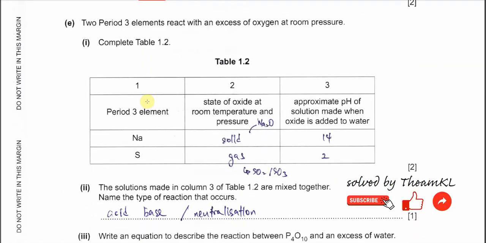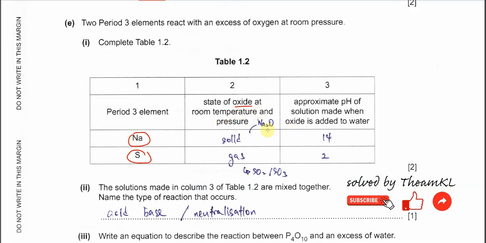Okay, part E1. Complete table 1.2. For this table 1.2, there are 3 columns. The first one is the elements, sodium and sulfur. Second, state of oxide at room temperature and pressure.